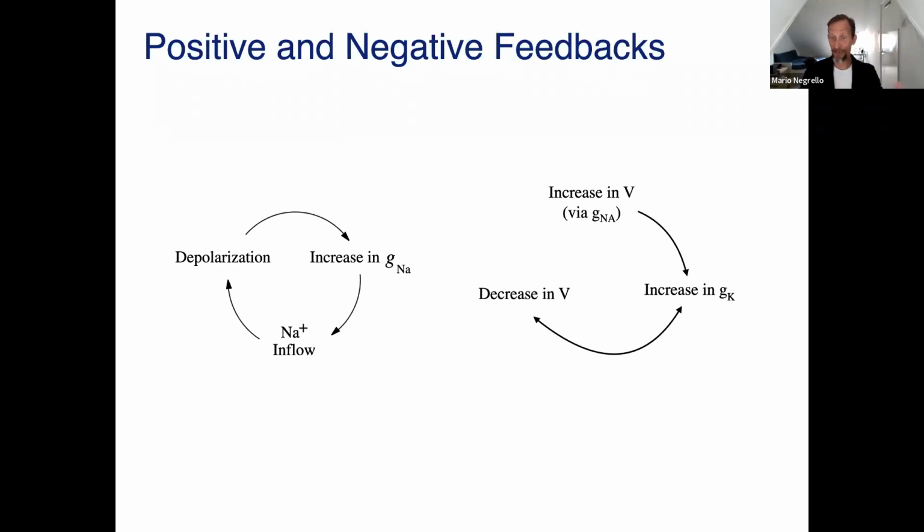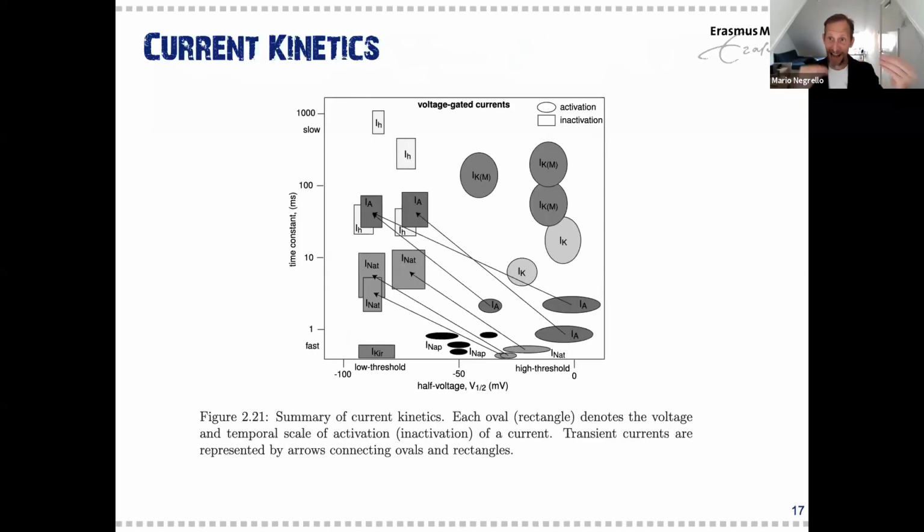But I wanted to give you a sense of how many kinds of channels there can be, their actions, and where they are located. So if you're thinking about a complex neuronal model, people have been measuring the activation variables for different kinds of ion channels, and this is what they find.